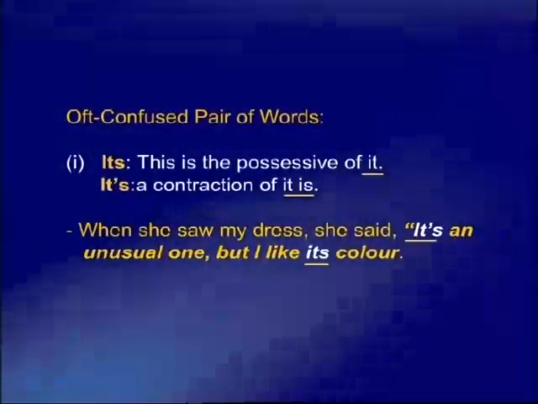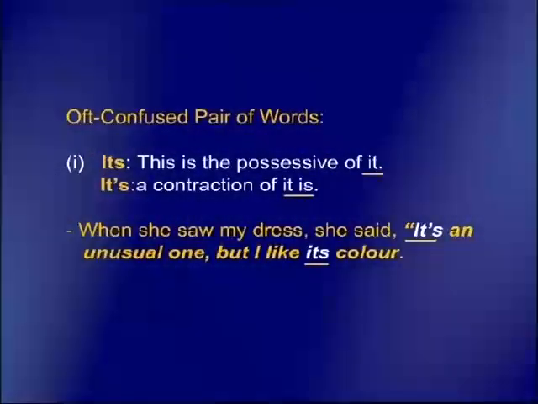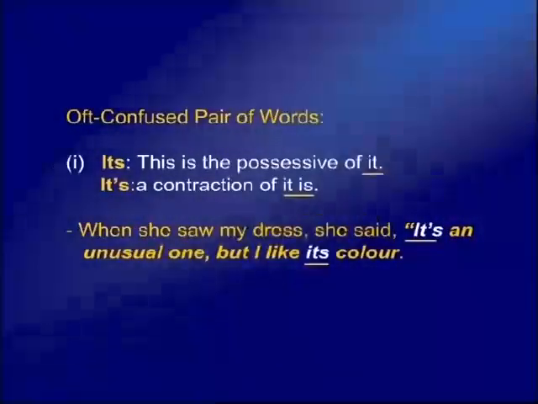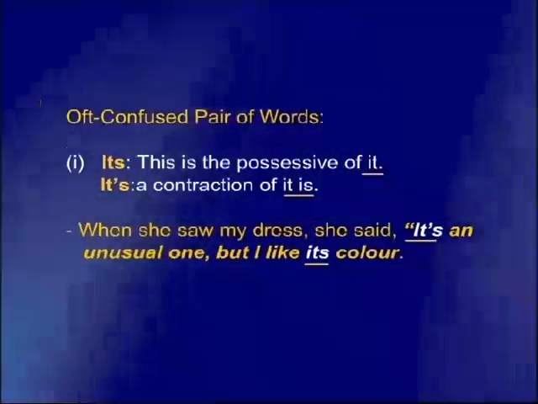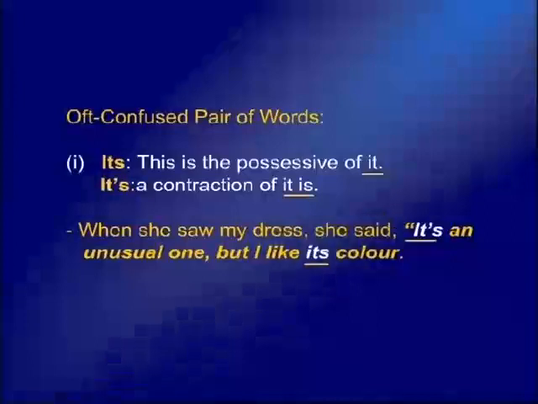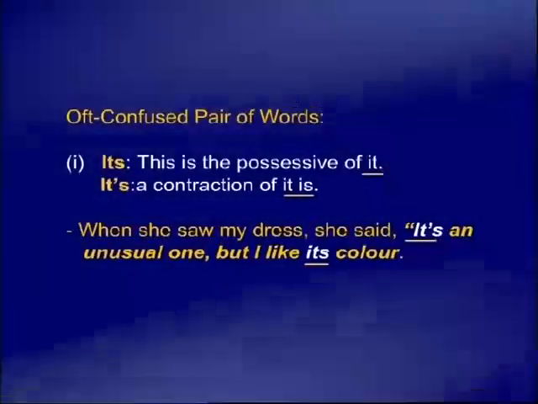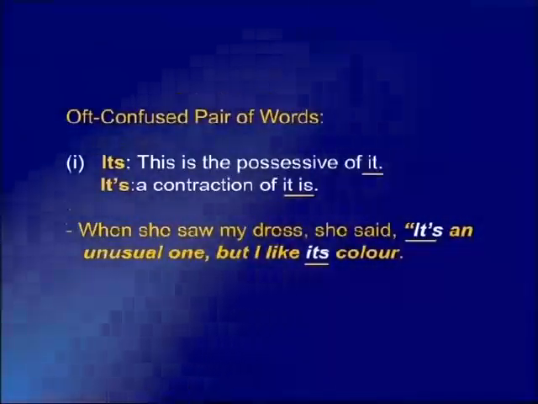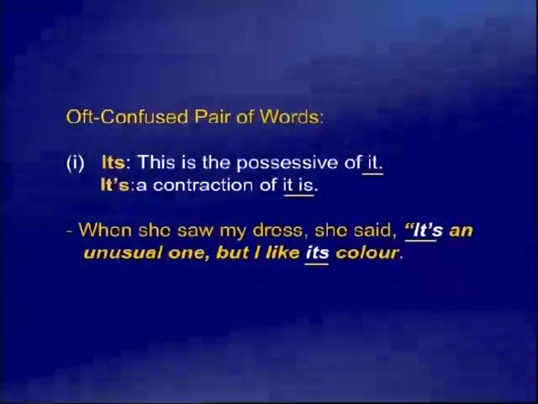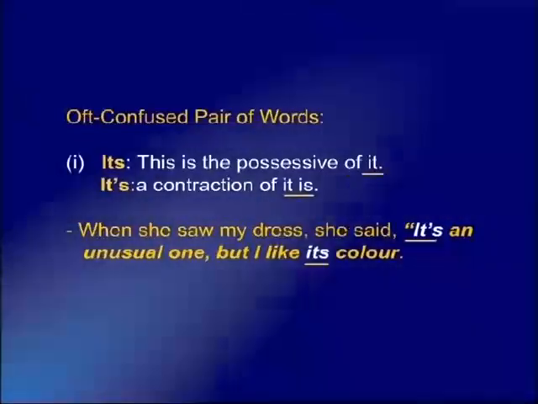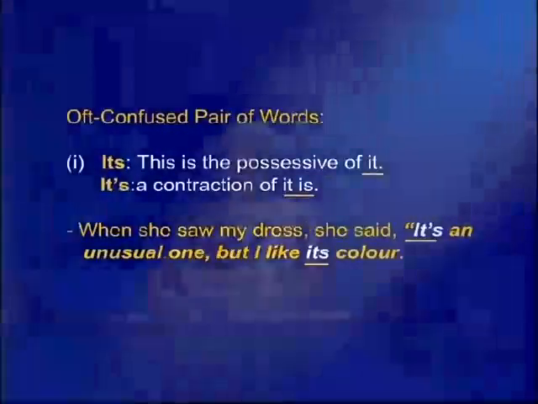And I-T apostrophe S is a contraction of it is. Instead of writing it as two words, it and is, the word is contracted, the I is taken out, and instead an apostrophe is inserted.